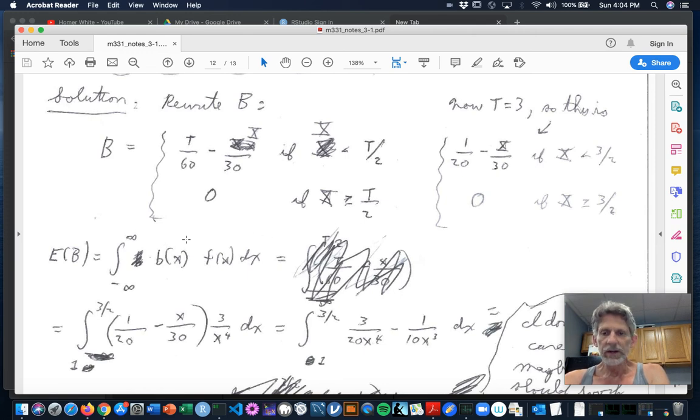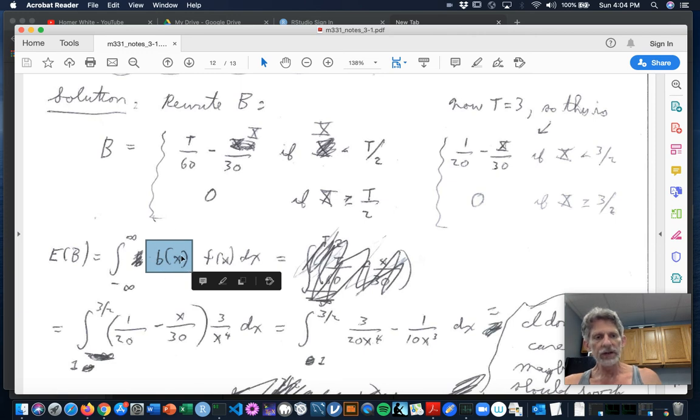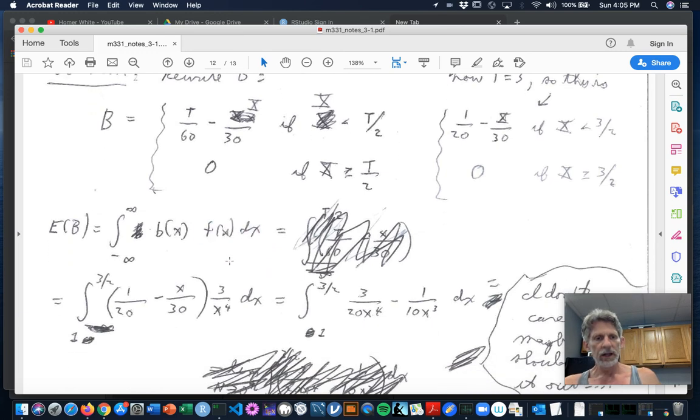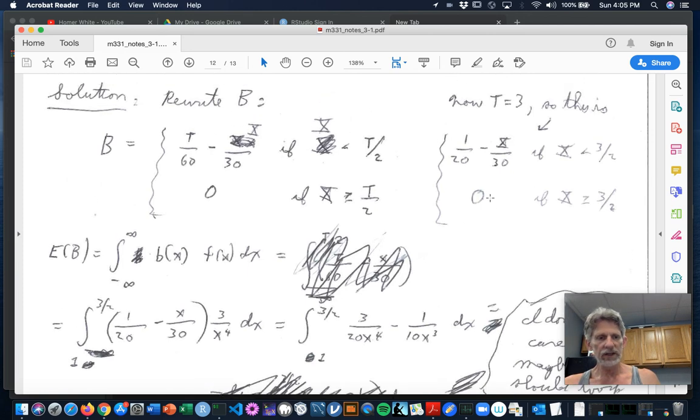So now we can get its expected value because it's a function of the random variable capital X. We just go over the possible values, the value that B has at each possible value of X, times the chance of getting that value of X. And so I only have to go, well, let's see here.